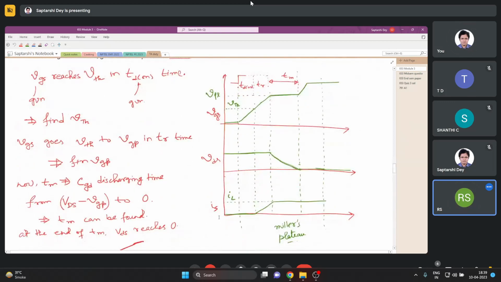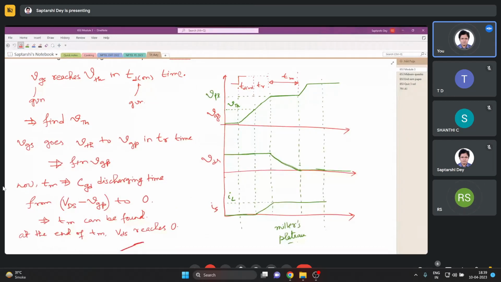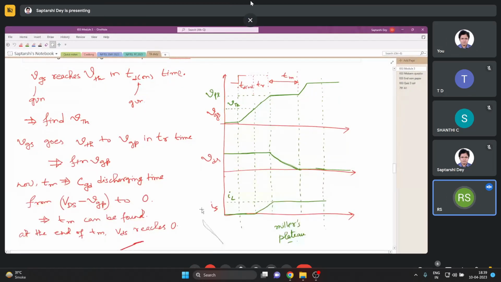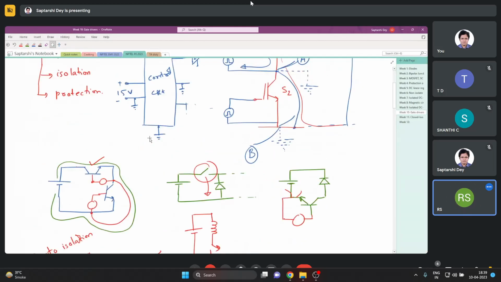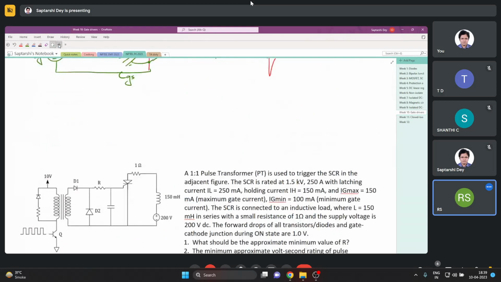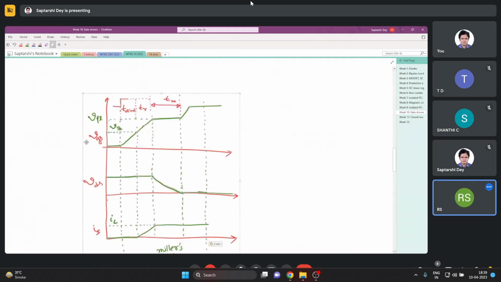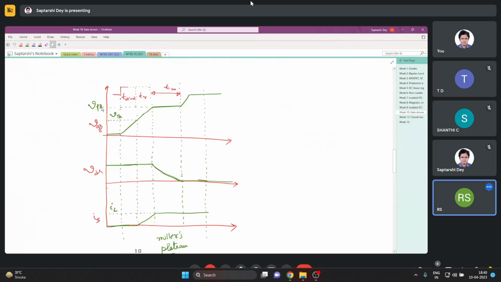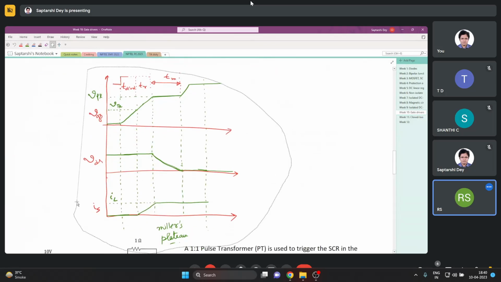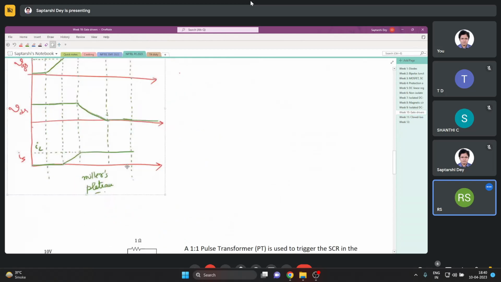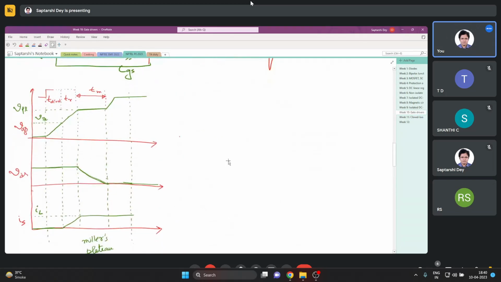So this is the turn on process of a MOSFET. I will copy this.